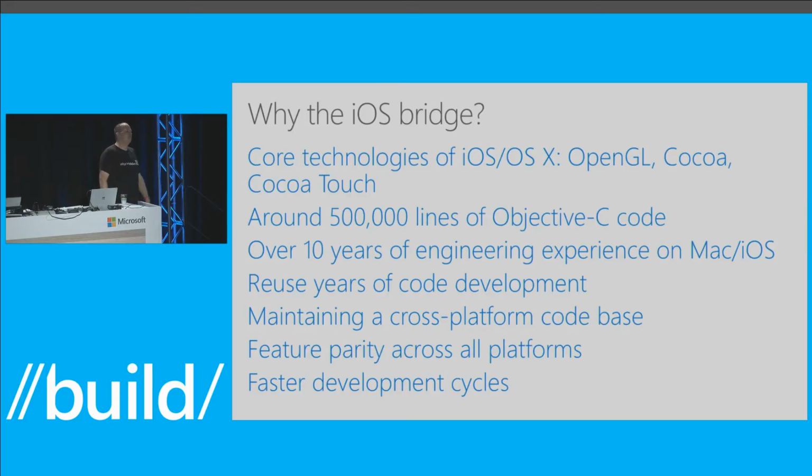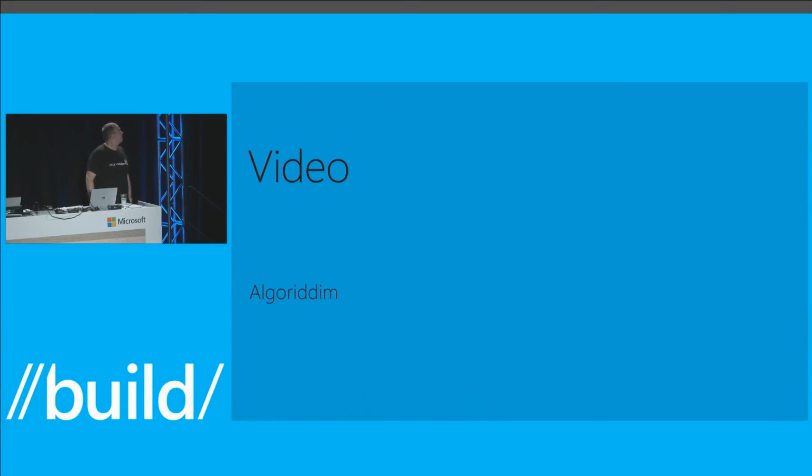It allows us to maintain a cross-platform code base, which now, as I mentioned to you earlier, we have Mac, iPhone, iPad, Apple Watch, Android, and now Windows. We have one code base that we have to maintain. We have feature parity across all platforms, touch, and so on. And of course, it allows for faster development cycles now, because now that we've done the bridge, we're there.